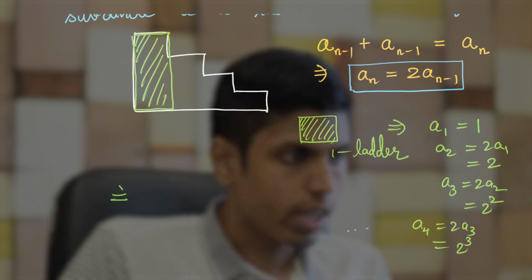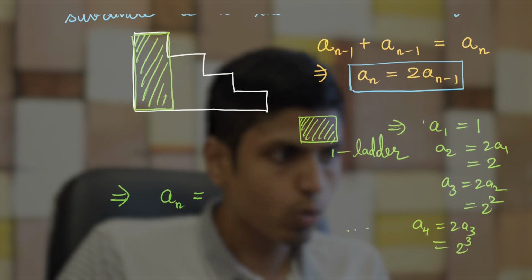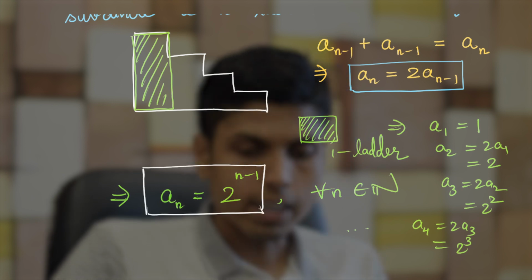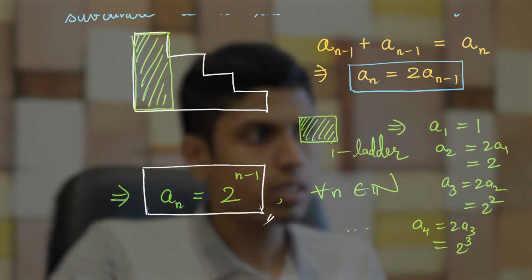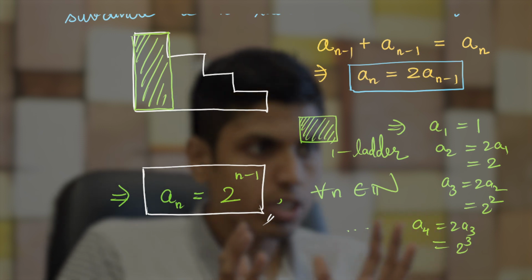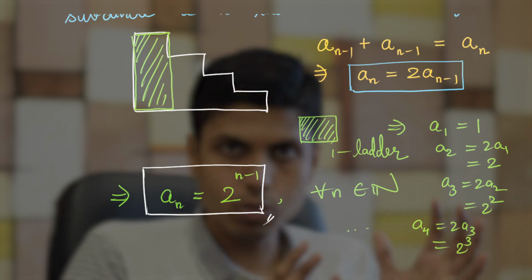In general, we can prove that a_n is 2 power n-1 for all n in natural numbers. This relies on the recurrence, which is the assumption about a ladder of dimension 1 lesser than the actual ladder. I hope you enjoyed this video.